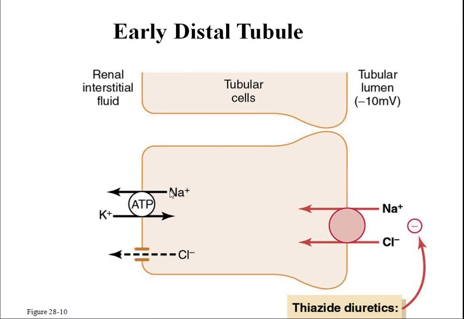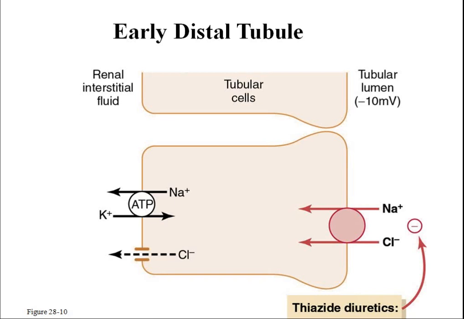Again, the primary active transport is always acting here. So sodium is entering the cells because of it, and chloride is also pulled along with it. So this is a co-transport. This is the main channel operating here. This also helps in a lot of transport of sodium and chloride.